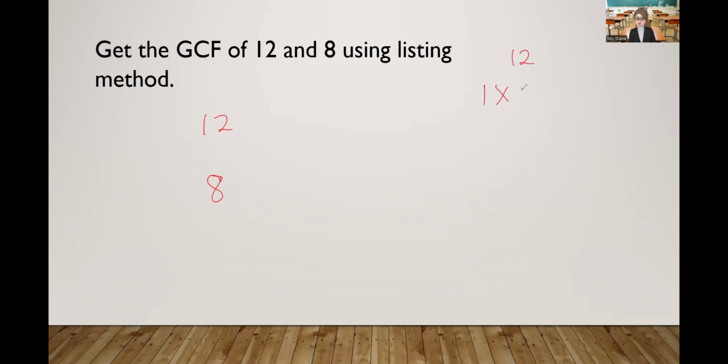If we multiply 1 times 12, that is 12. 2 times 6, that is 12. 3 times 4, and that is 12. So we list 1, 2, 3, 4, 6, and 12.